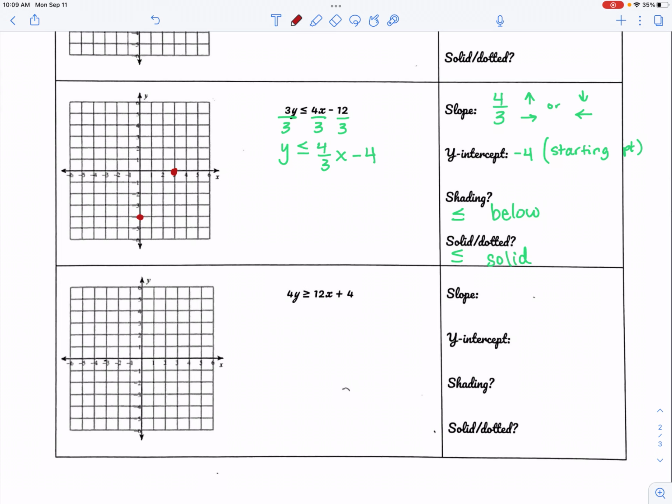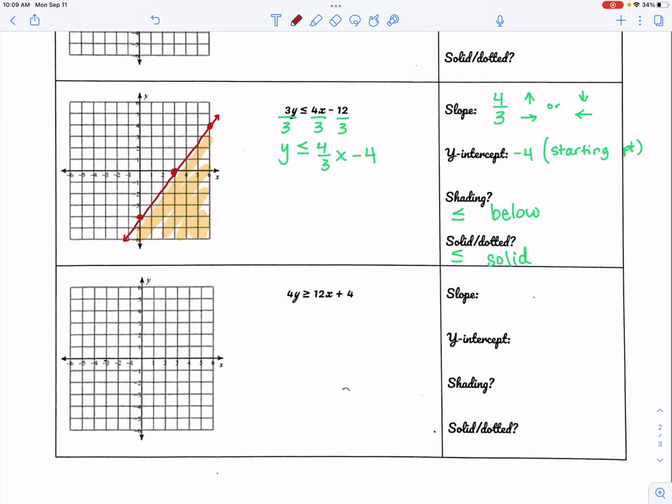And then I can go up 1, 2, 3, 4. 1, 2, 3. There's another point. And then this is a solid line. Do my best here. Use a straight edge, a ruler, the edge of something, so that way your lines are straight. And we're going to be shading below.